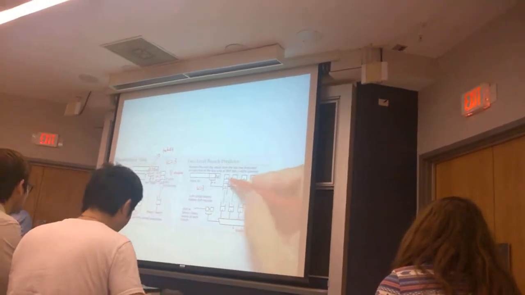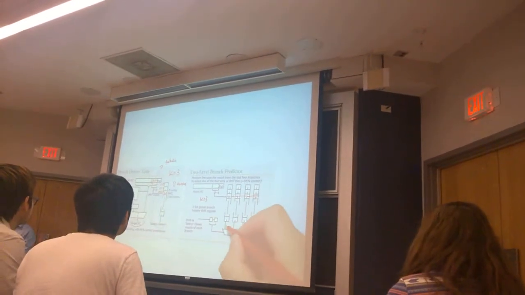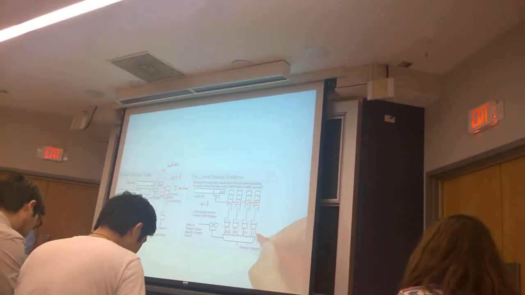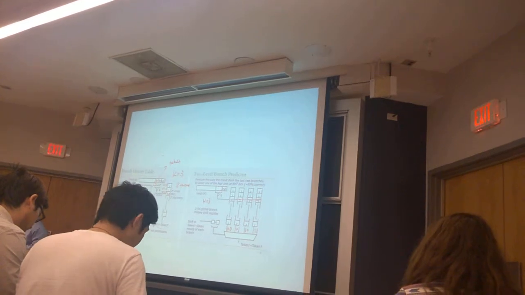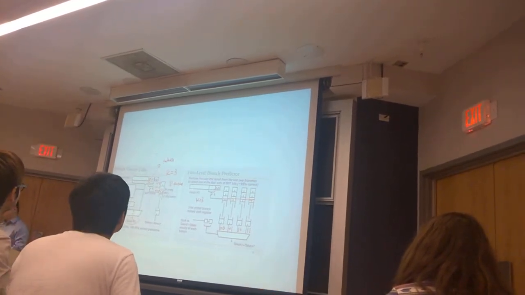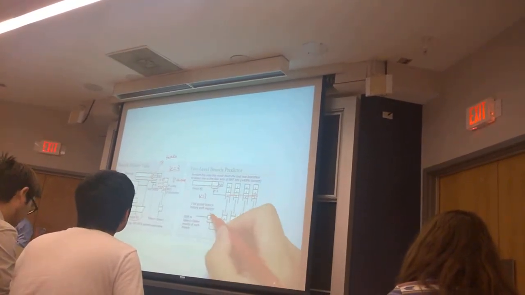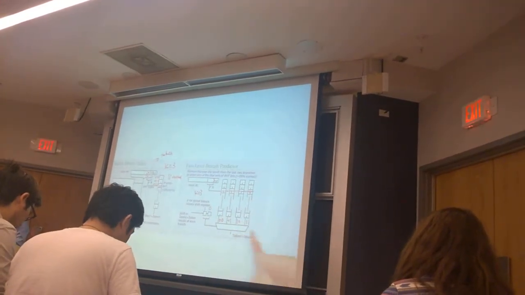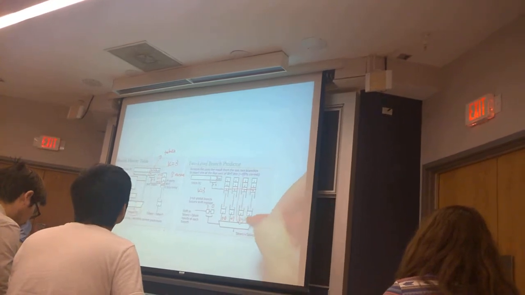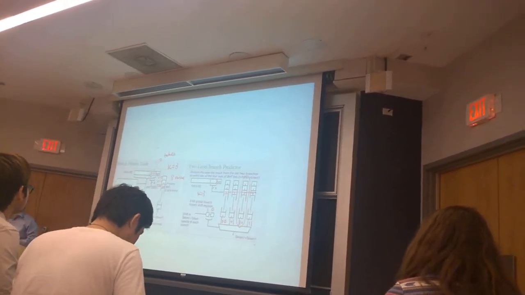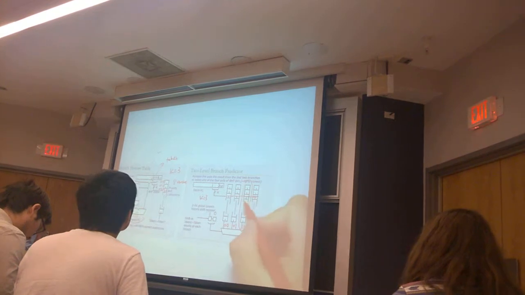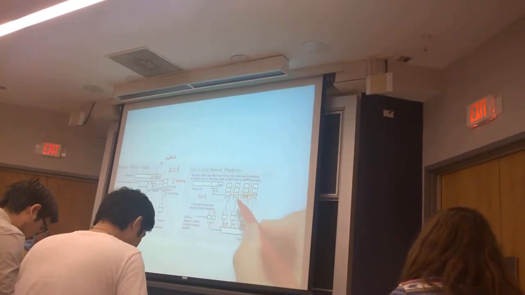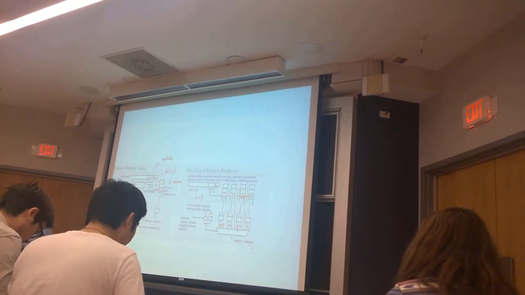For example, here each column is labeled 0 0, 0 1, 1 0, and 1 1. For the previous 2 predictions, if one is taken and one is not taken, then we will select the third column as the prediction table. So this entry will be read to predict the direction of this instruction.